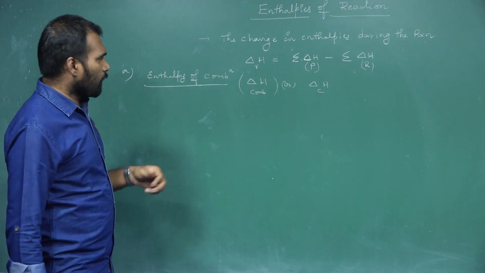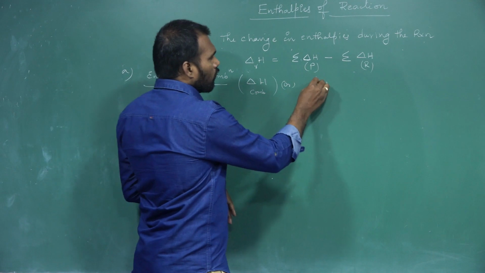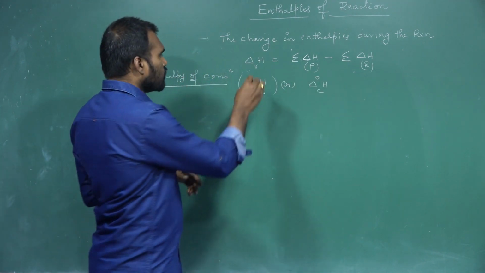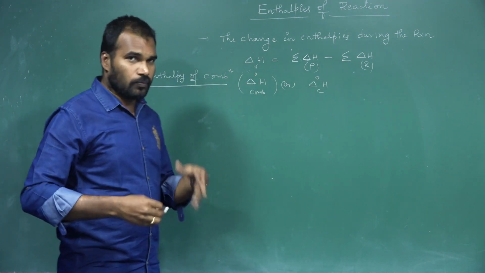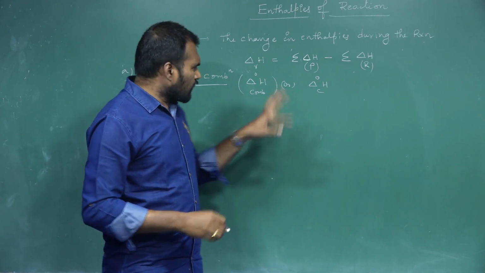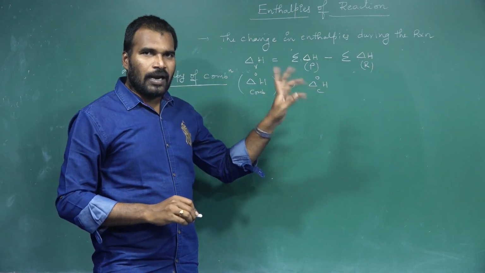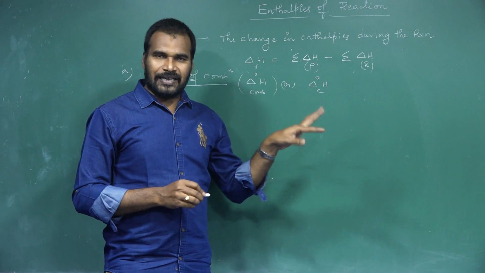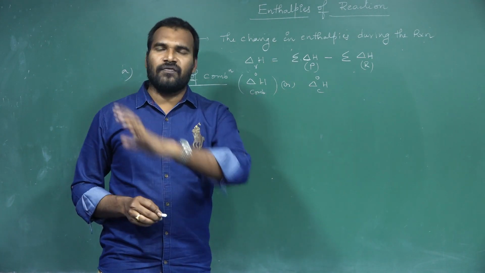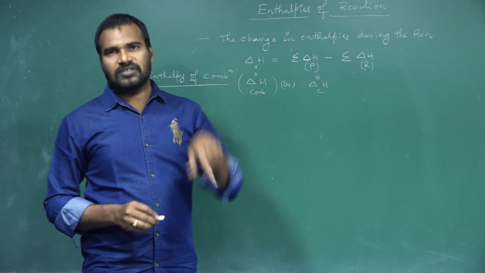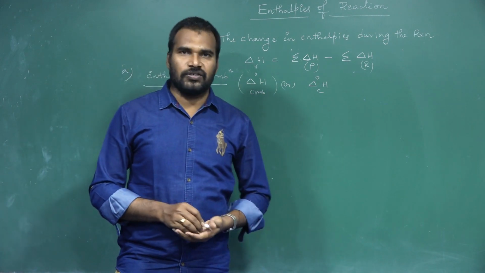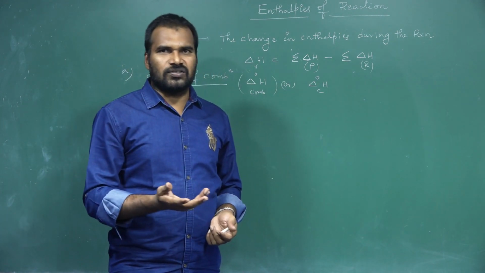And sometimes del H naught C or del H naught combustion also may be given. Okay, so what is the difference between del HC and del H naught C? Del HC is just enthalpy of combustion. Del H naught C is the standard enthalpy of combustion. So what is the difference?